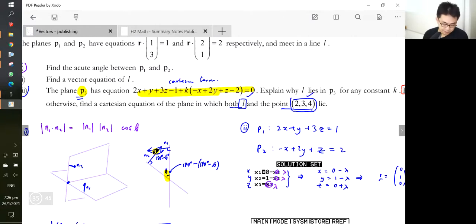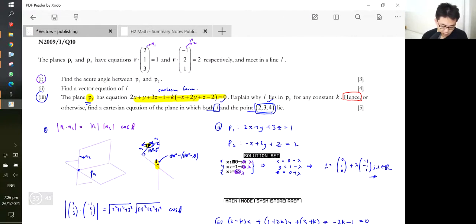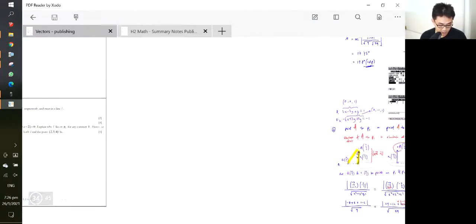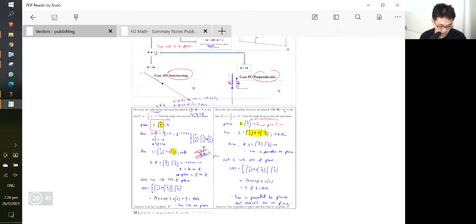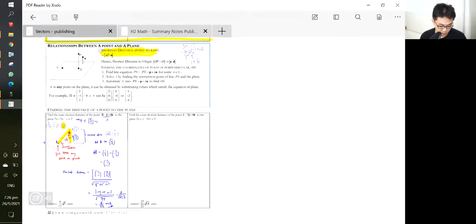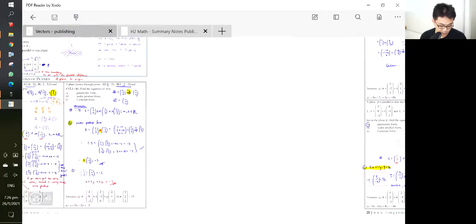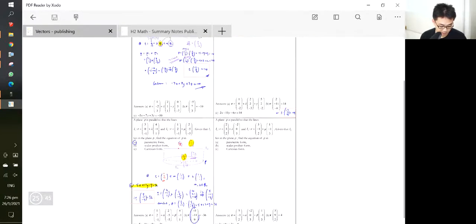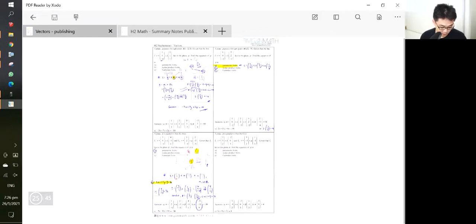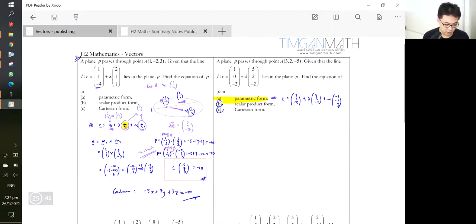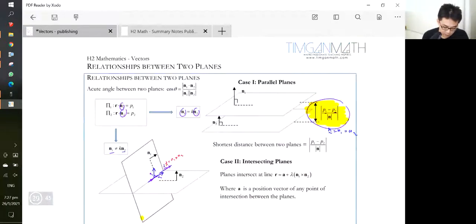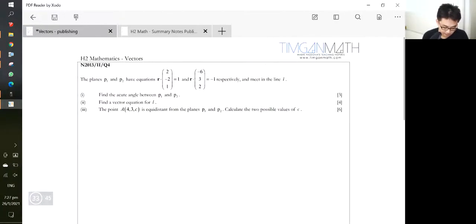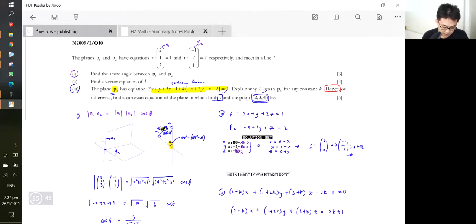Between a line and a point, you can actually solve this by using line and point, which is page 21, question 1, the top left corner.